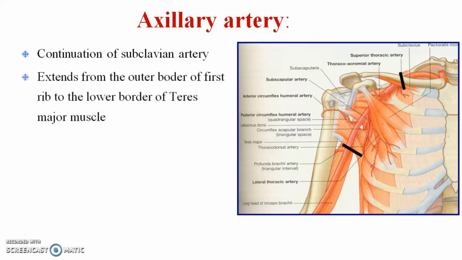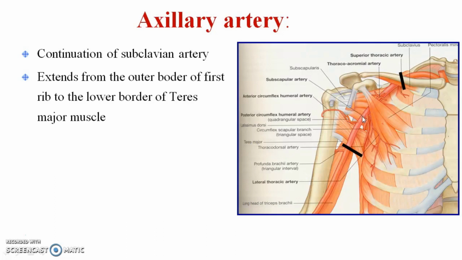artery extends from the outer border of the first rib. I think you can make out here, this is the first rib. From the first rib, the subclavian artery takes its continuation as the axillary artery.